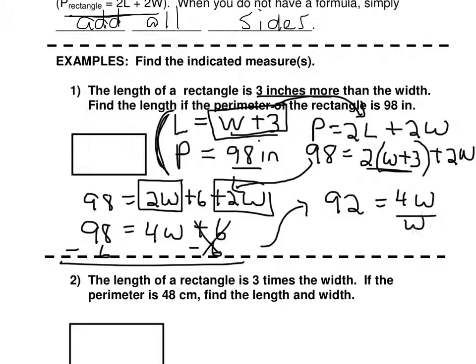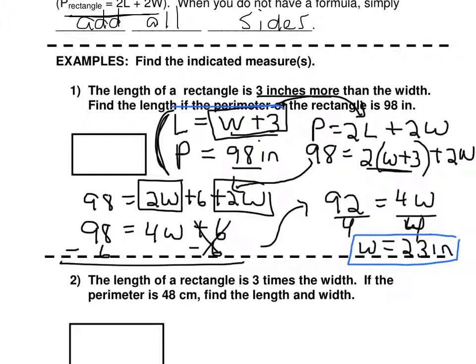Then I divide by, not the W, I divide by the 4. So my width is going to be equal to 92 divided by 4, which is 23, I believe. 23 inches. Now I'm not done because this is the width. This is not the length. That's just the width. It's asking for the length.